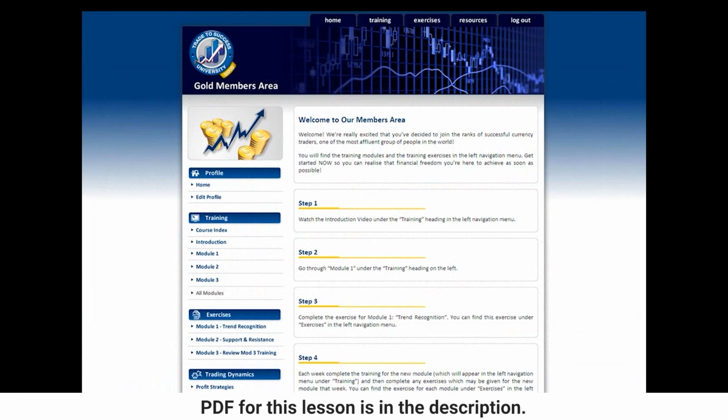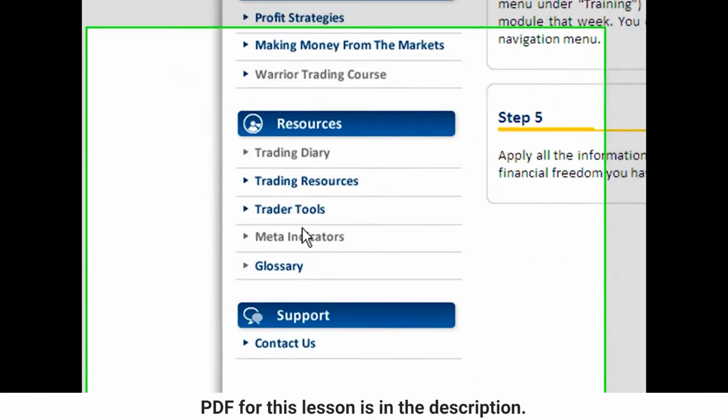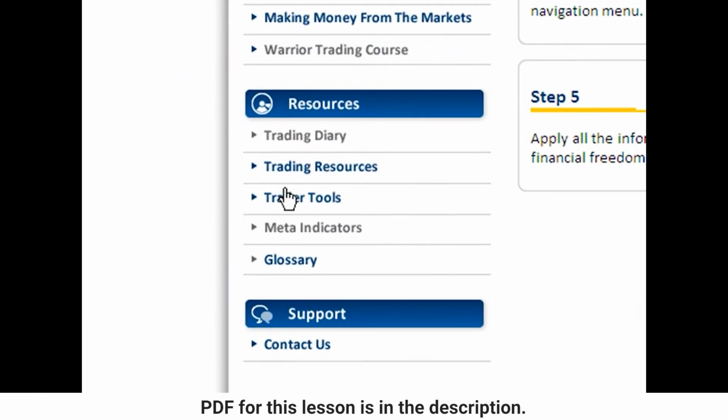Okay, so I just want to show you the trading calculator that you're going to be able to access from within the members area. This is the home page. If you scroll down, on the left hand side you will see it says Trader Tools.